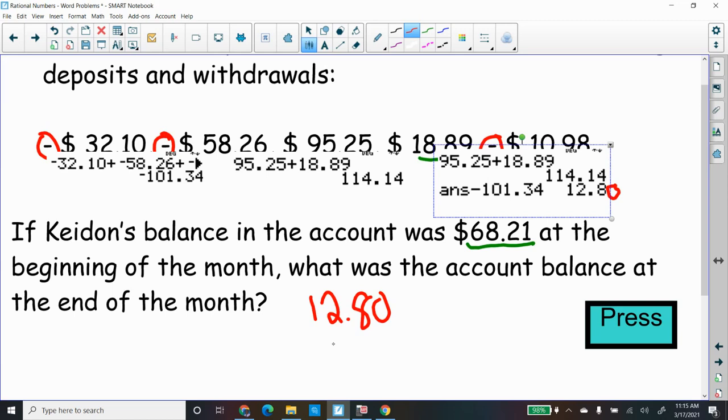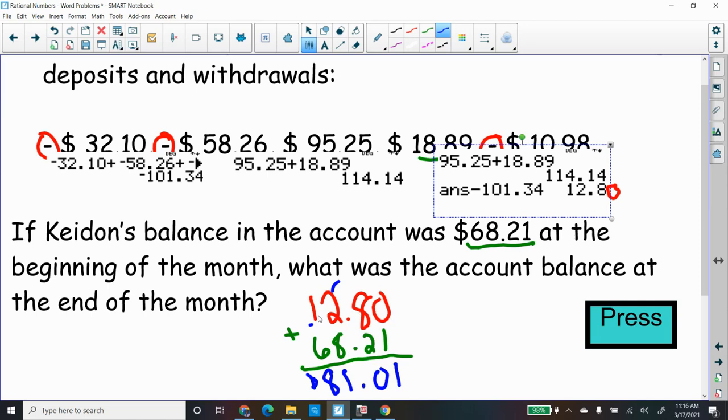Now, remember, she had at the beginning of the month $68.21. That was green because that was money she already had in her account. So let me add that together, see what it adds up to. $81.01 is what she would have at the end of the month.